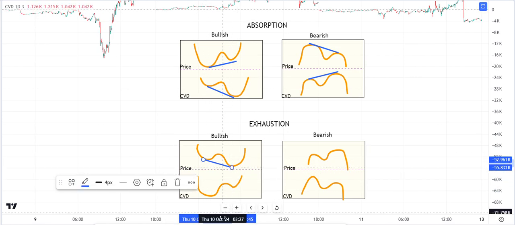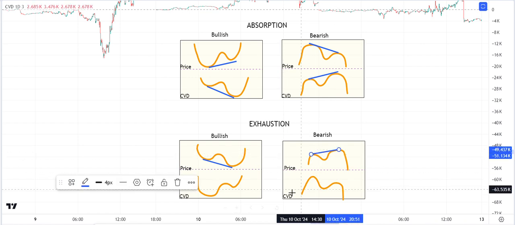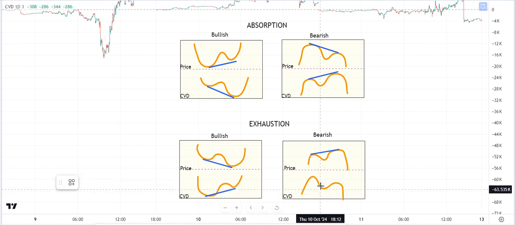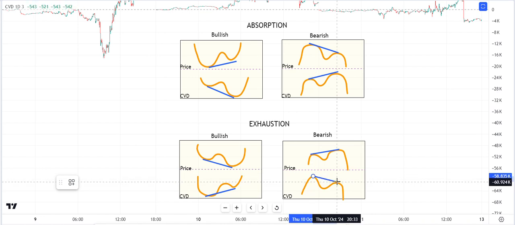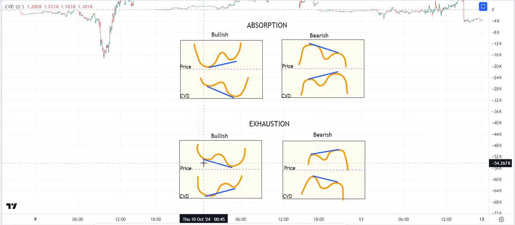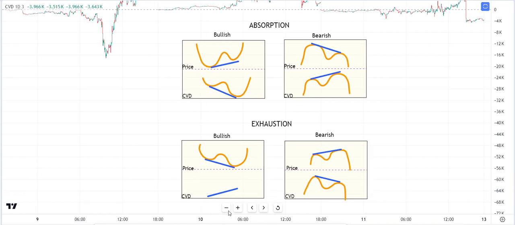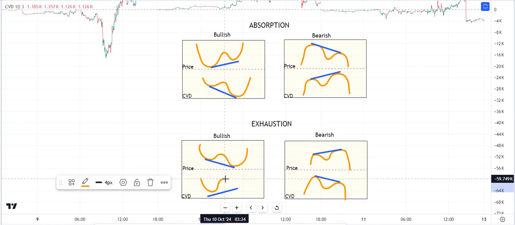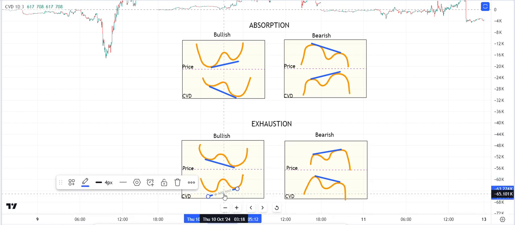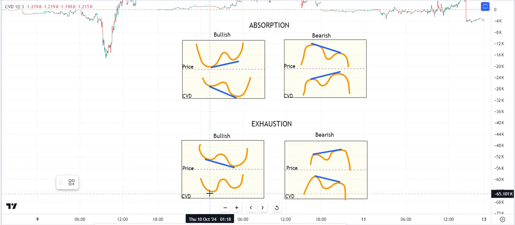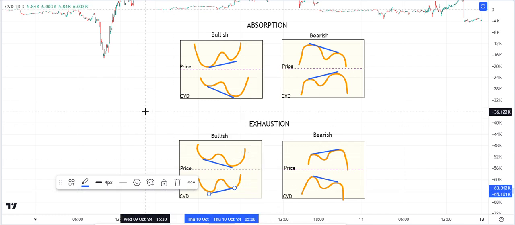So you see lower lows, higher highs, like that. Oh, this is a bad drawing. Let me redraw this one. There we go.